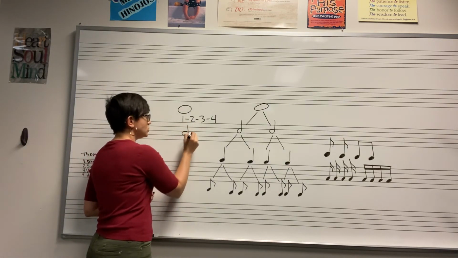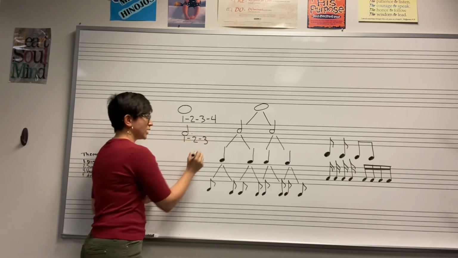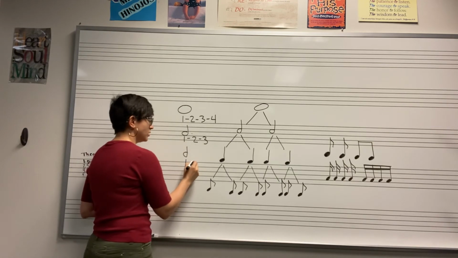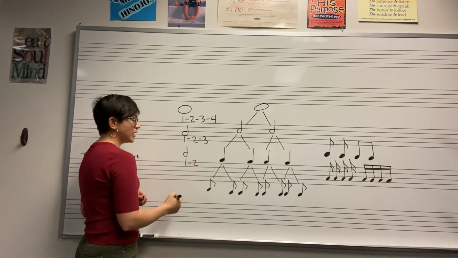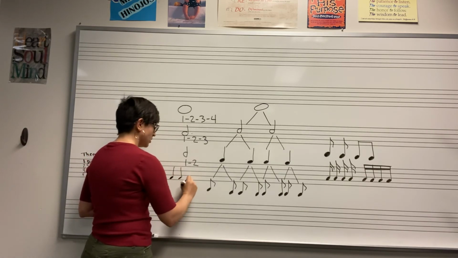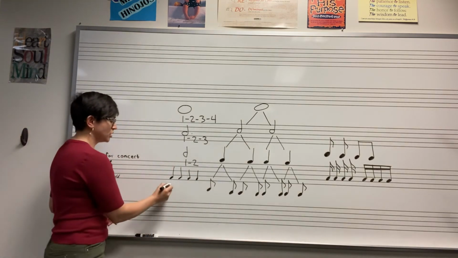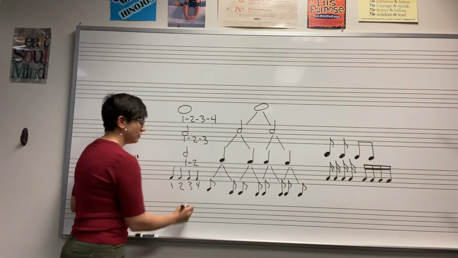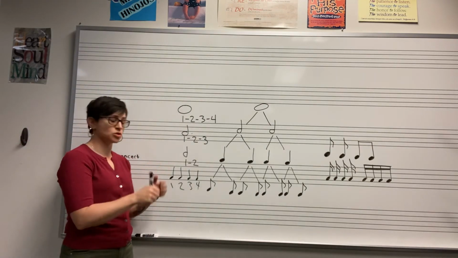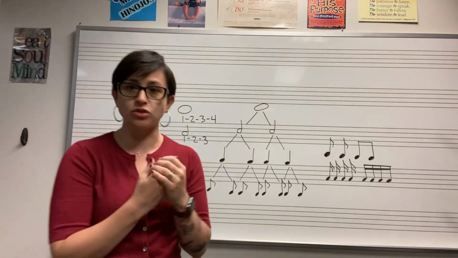You have a dotted half note, 1, 2, 3, all of it connected. You have a half note, 1, 2. But if you have a bunch of separated quarter notes, you do not need to connect them with a dash. 1, 2, 3, 4, because they don't share those beats. Those beats don't go into one note. So make sure that you connect all of the beats that go into each note.